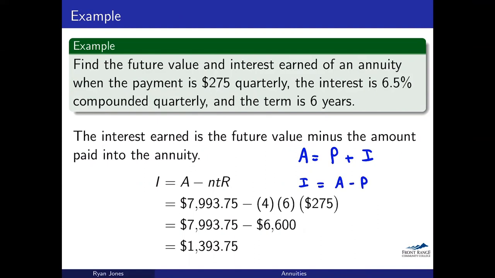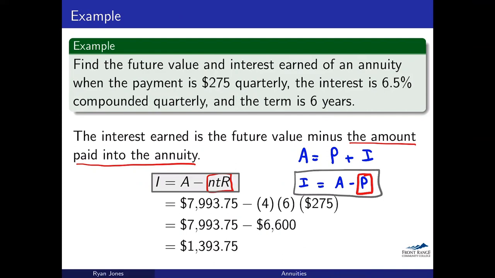What I'm noticing is that this NTR part, the amount paid into the annuity, kind of matches up with the P right there. If I'm calling out these equations as looking kind of identical, then I'm matching those up.